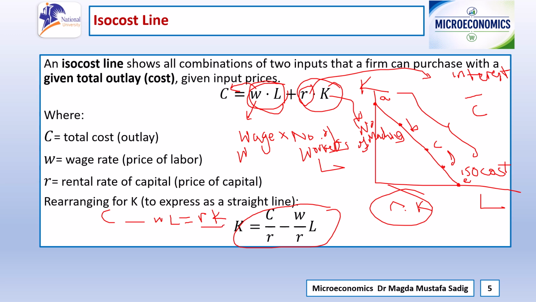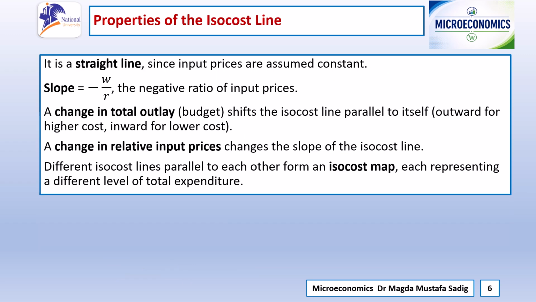Then we divide both sides by R. So it will end up as C divided by R minus W divided by R times L equals K. And then we obtain a straight line equation, and this allows us to draw the isocost line on the graph. We can do it for K, and then we can do it for L.